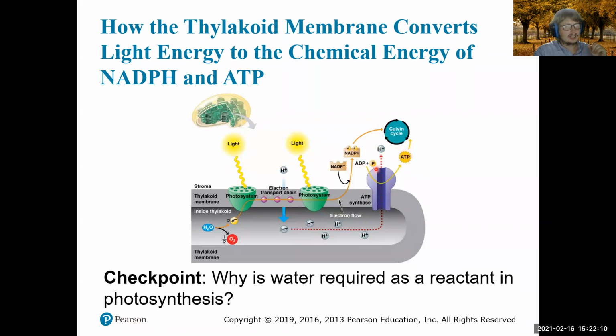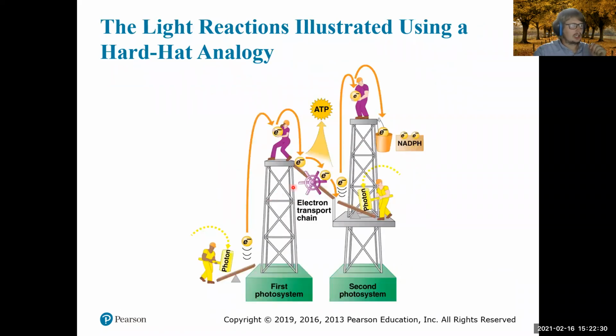That energy is used to take an ADP molecule and attach a third phosphate group to it to make ATP. That's how the ATP molecule is made, through the setup of that hydrogen proton gradient with the electron transport chain. Here's another example of this light-dependent reaction.